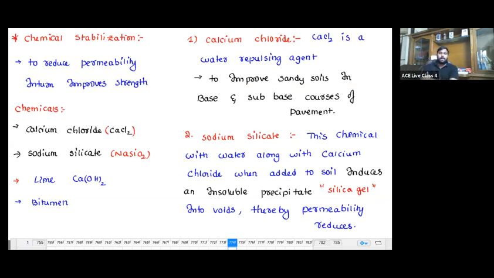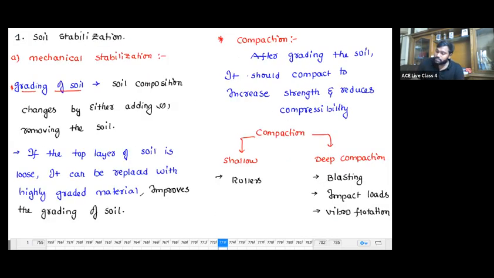They should be biodegradable, and should not cause the properties of the soil mass to reduce with respect to time. Okay, so you have to take care of everything. And this is used for base courses in pavements.